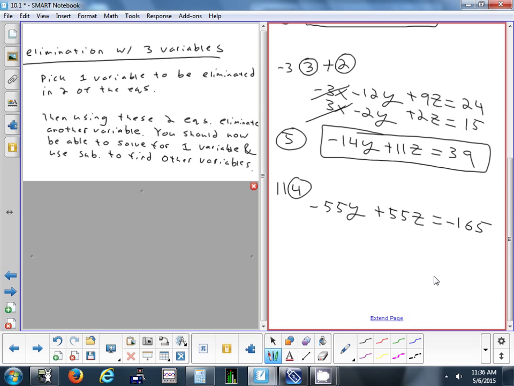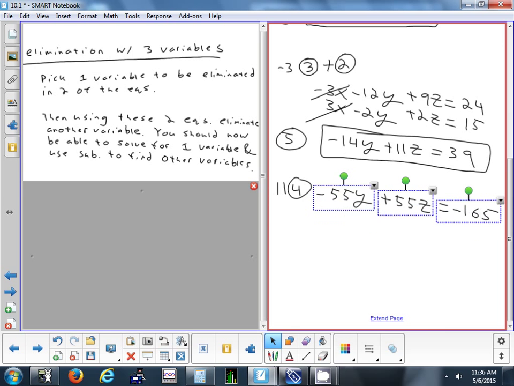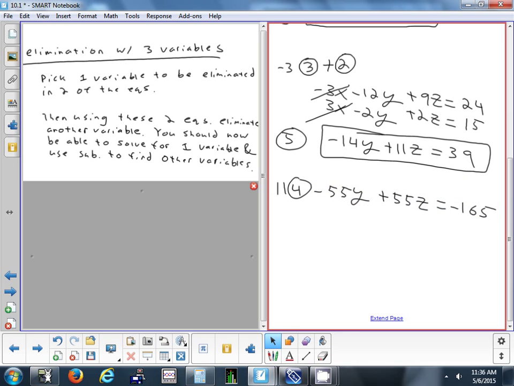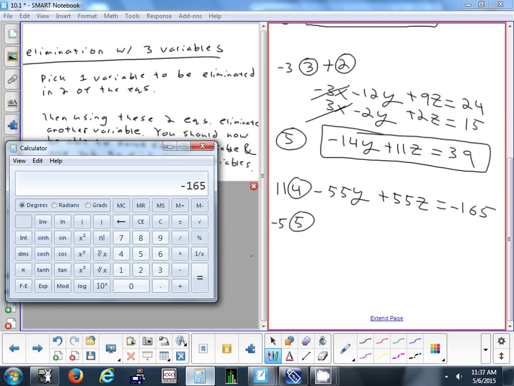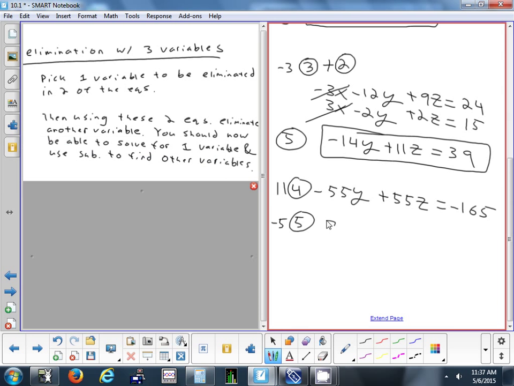Okay, and Darren, what do you want to multiply the bottom one by? Or equation 5, sorry. Negative 5. Okay, let's try it. So we've got 14 negative times negative 5 should be 70.